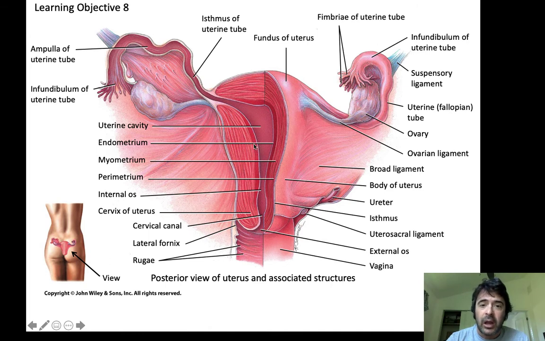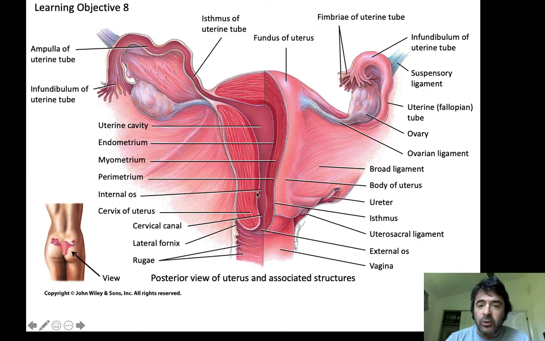So if an egg is fertilized and it develops into this bundle of cells, that bundle of cells will implant here, and that's ultimately where embryonic and fetal development is going to take place. And oftentimes we refer to this cavity within the body of the uterus, the uterine cavity, as being the womb, because that's where the development of the embryo and the fetus during gestation is going to take place.